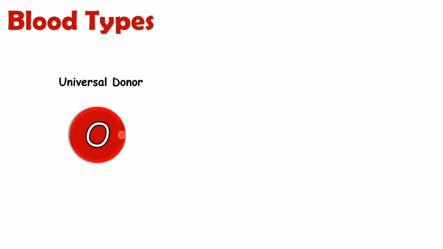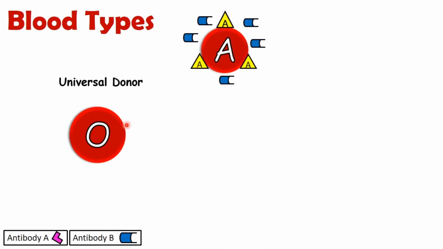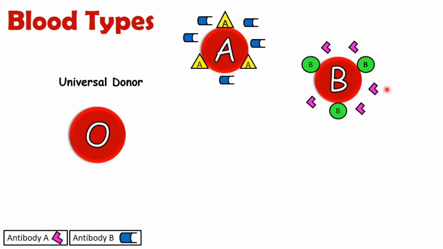So if you give type O blood to a person that has type A blood, meaning it has antigen A and also antibody B, these antibodies will not react because the O blood doesn't have any antigens to react with, right? The same goes with blood type B, where they have the B antigen on the surface and the antibody A. These antibodies cannot destroy the O blood type.